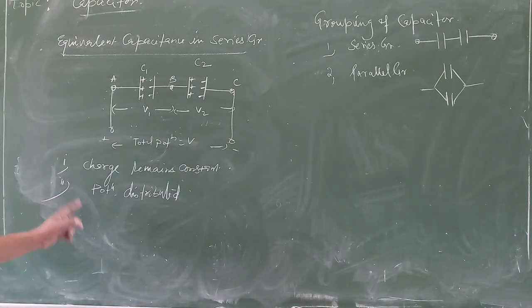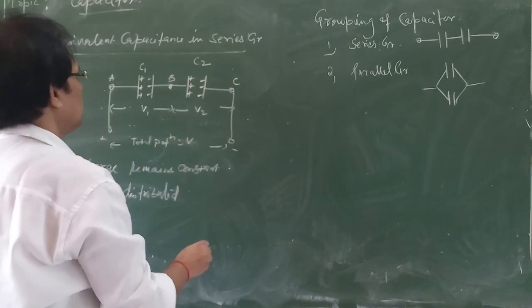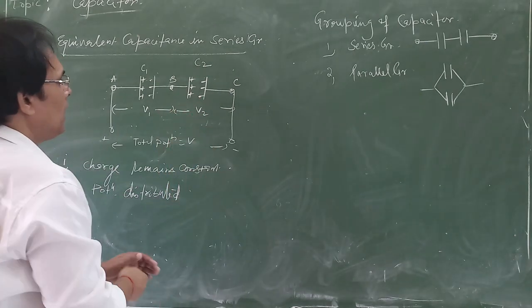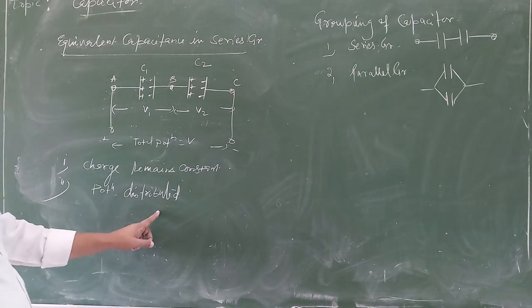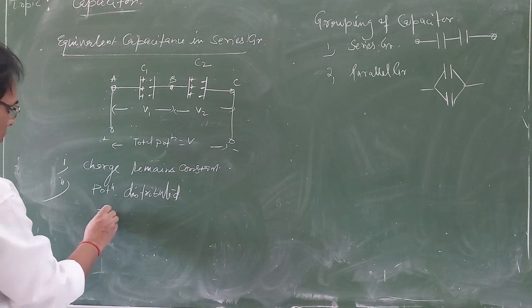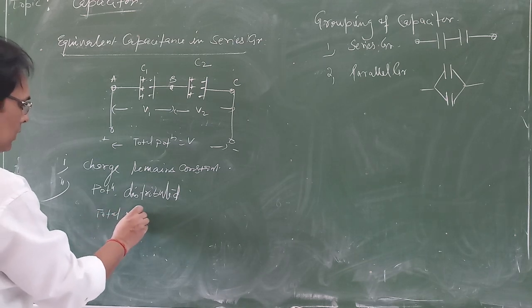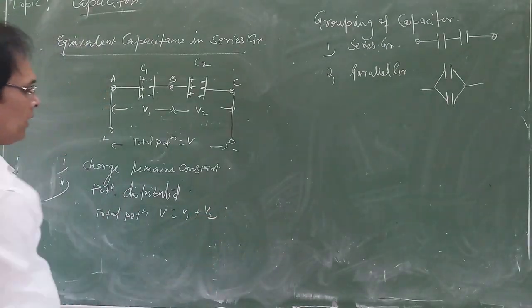Charge remains constant and potential is distributed. So the total potential is how much? Total potential V equals V1 plus V2.